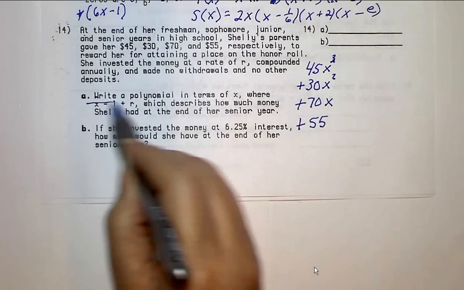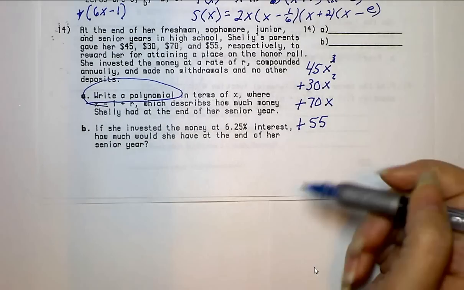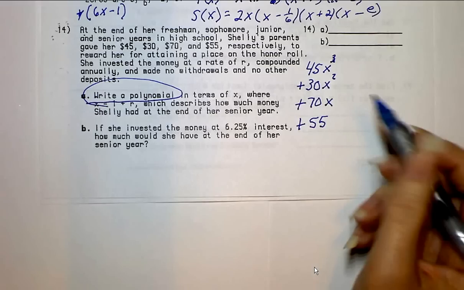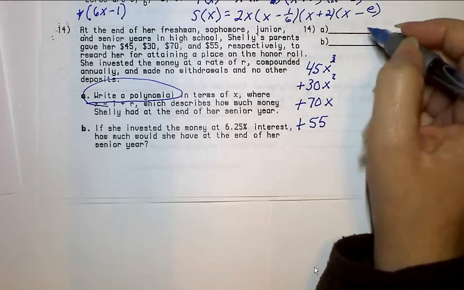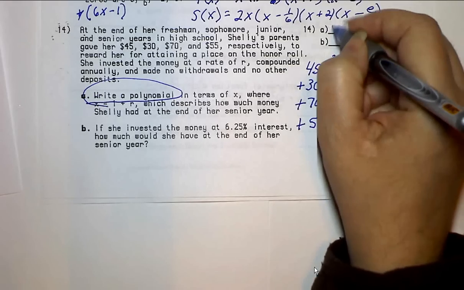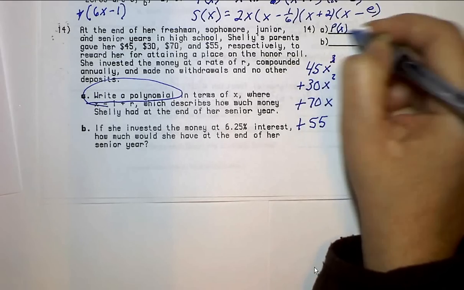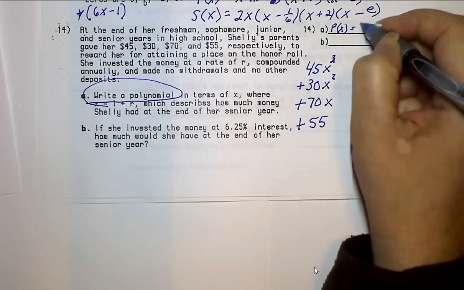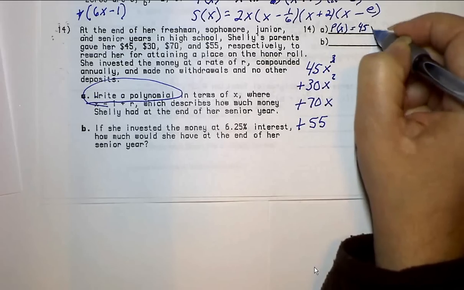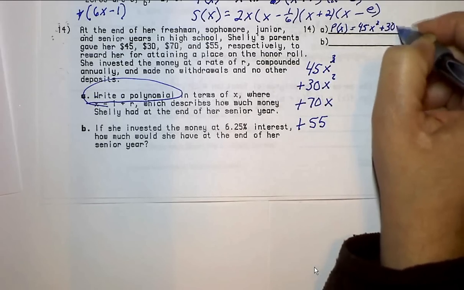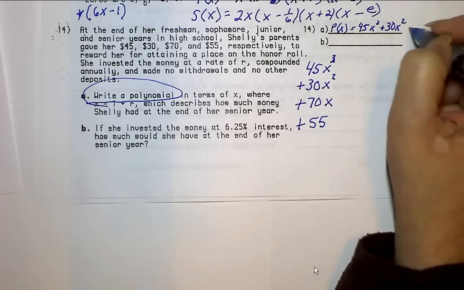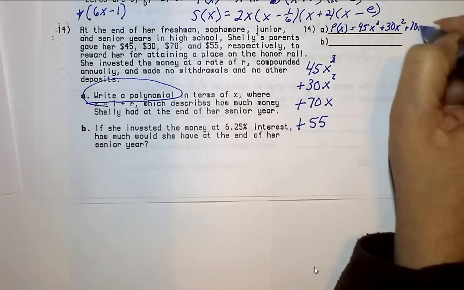So now if we're writing a polynomial, we want p of x to be equal to literally 45x cubed plus 30x squared plus 70x plus 55.